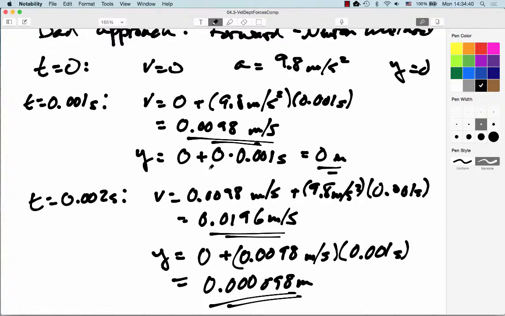Probably the favorite technique is the class of methods called the Runge-Kutta Method, and for whatever reason it's kind of well known in computational physics lore that the fourth order Runge-Kutta method is sort of the happiest.